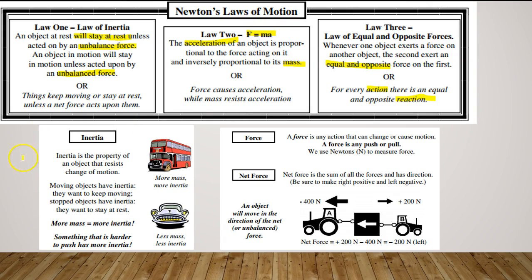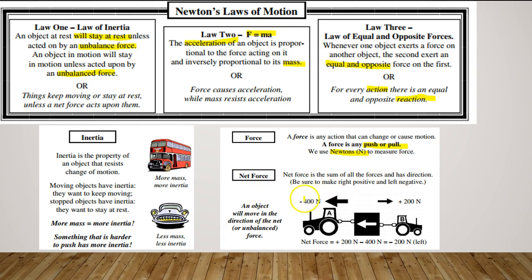Okay, so here's some examples of inertia. The more mass, more inertia. Here's some definitions about force. What is a force? It's a push or a pull. The unit for force would be newtons with a capital N. It's used to measure force.